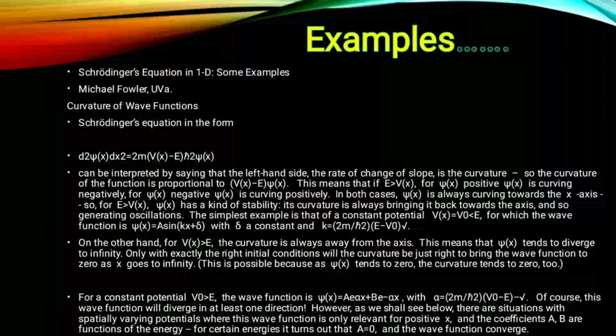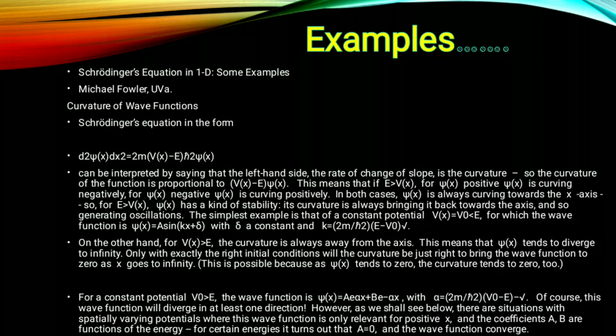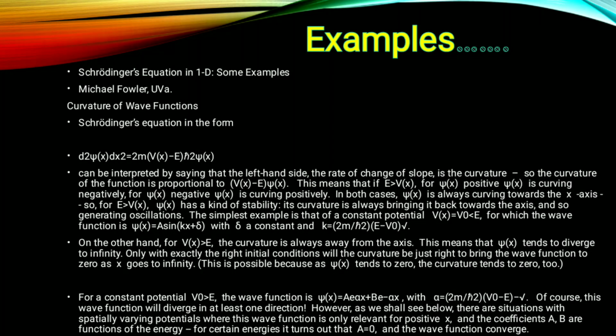Examples of the Schrödinger wave equation: curvature of wave functions. Schrödinger's equation in this form is given here. For a constant potential, the wave function is phi of x equals a e^(kx) plus b e^(-kx). Of course, this wave function will diverge in at least one direction.